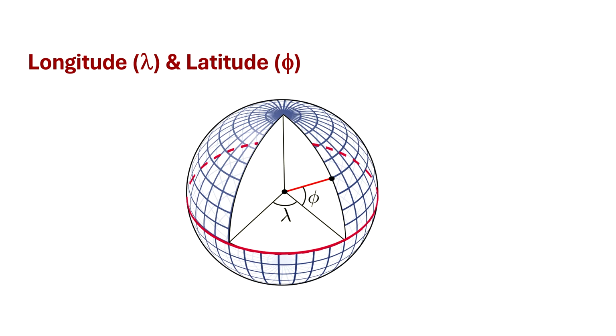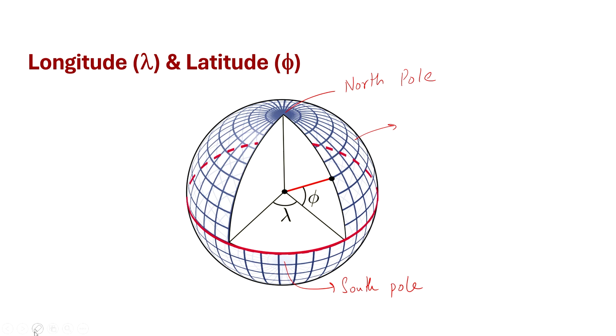So we can see this is the map of the earth, this is your North Pole, and somewhere here we will have the South Pole. Lambda is longitude and phi is latitude.